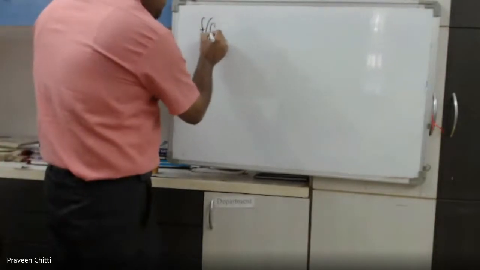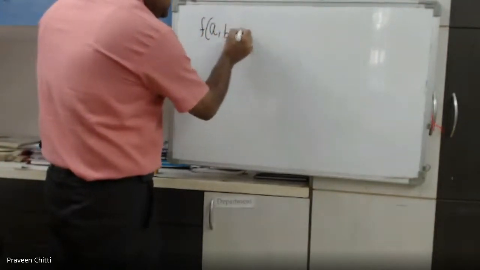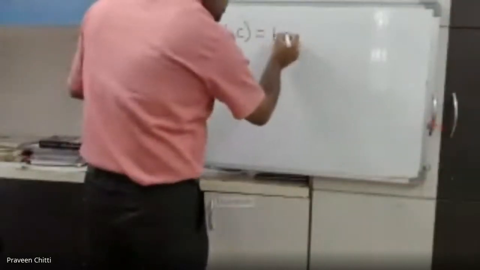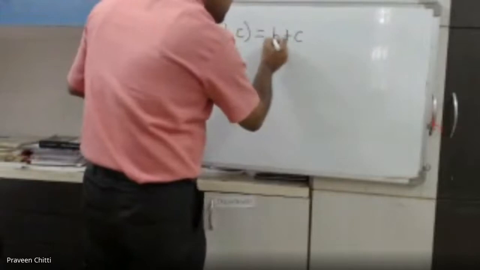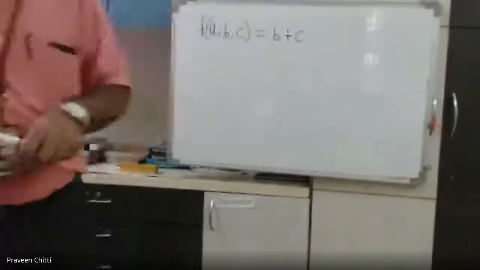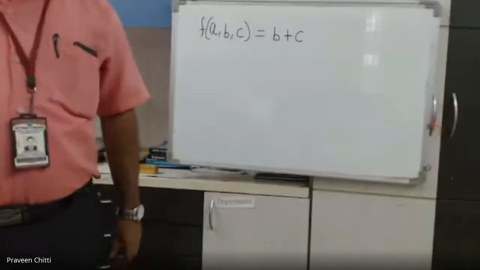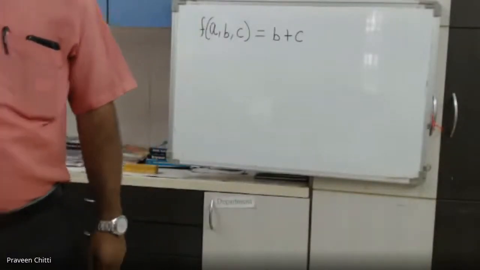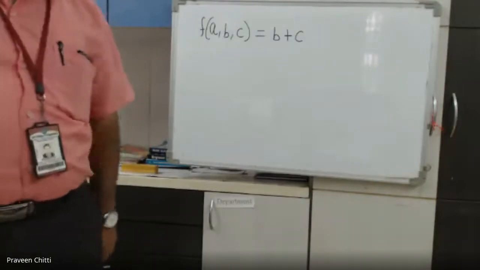So given Boolean expression is this: f of a comma b comma c equal to b plus c. Simply, this is the simple expression given to you. What is asked? You have to construct the K-map and you have to verify the answer.